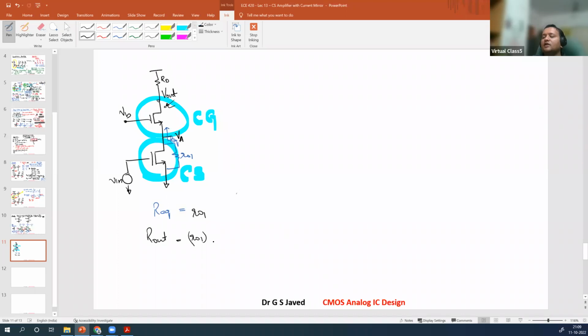R1 will be degenerated at the source for this circuit. So that will be 1 plus GM2 RO2 times GMB RO2 times GM1 R1.